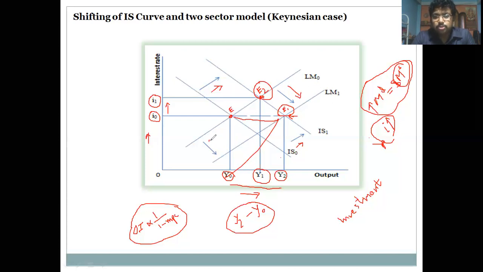So when money supply increases, we get this E1 equilibrium. Otherwise, we will stay at E2. Now look, I am erasing all this marking.